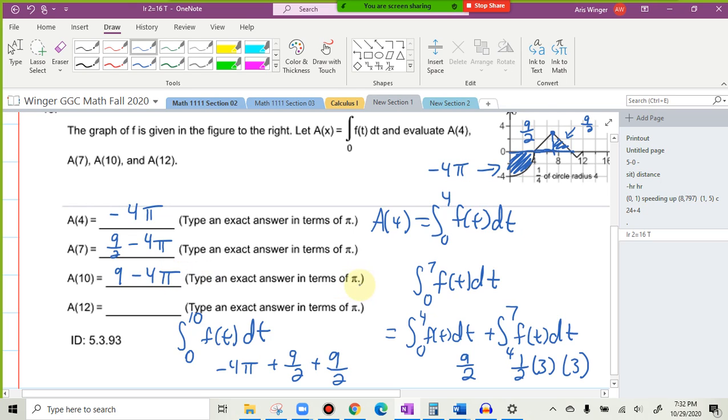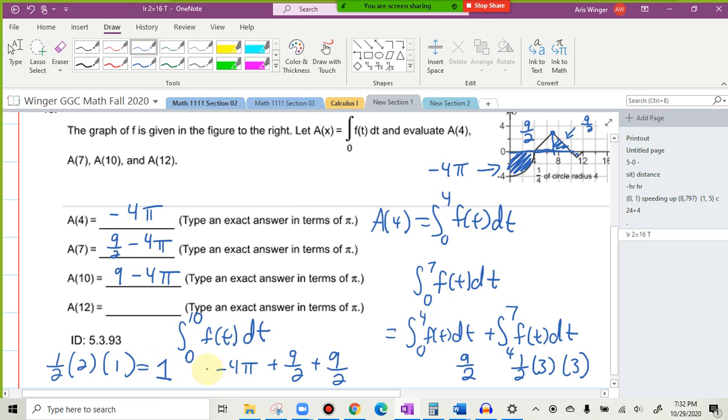And I think for the game, we're going to add this little piece here from 10 to 12, half the base times the height. The base is 2, 10 to 12. The height looks like it's 1. And it's under the x-axis.